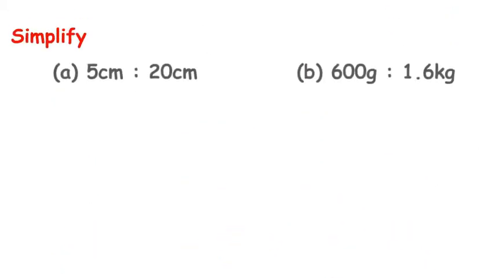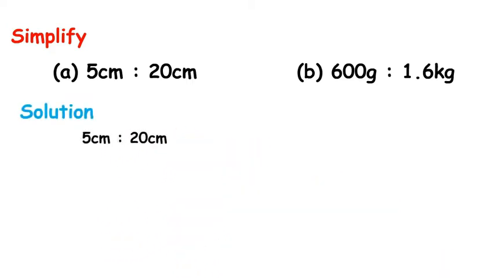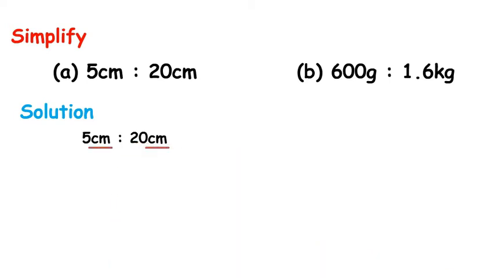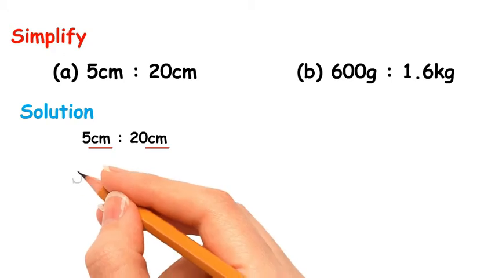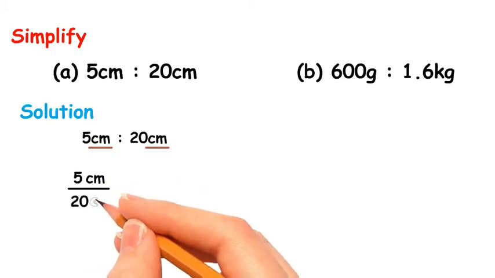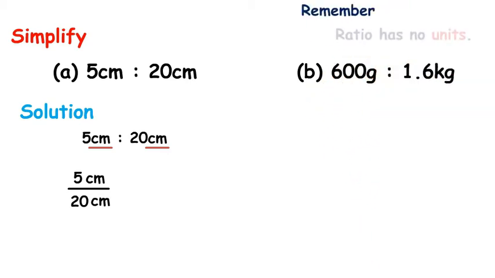Let's simplify some questions. 5 centimeters is to 20 centimeters. In this ratio, one thing has been added, which is units. To find the equivalent ratio, we can write it as fraction. One thing you should remember: ratio has no units.